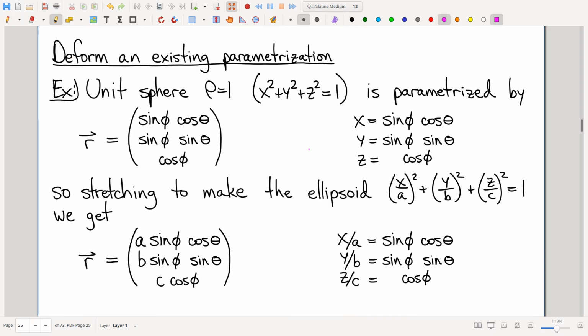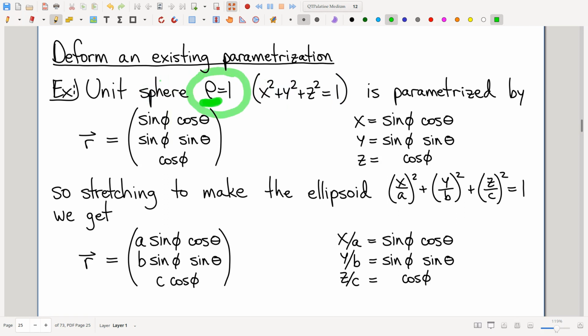So you may recall, back with parametric curves, we talked about how to deform an existing parameterization. Same basic ideas again. Here's the unit sphere, otherwise known as rho equals 1. This is a spherical graph.